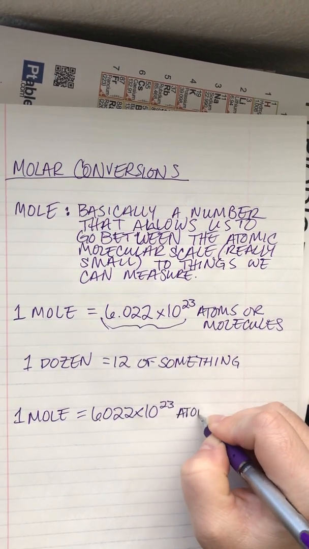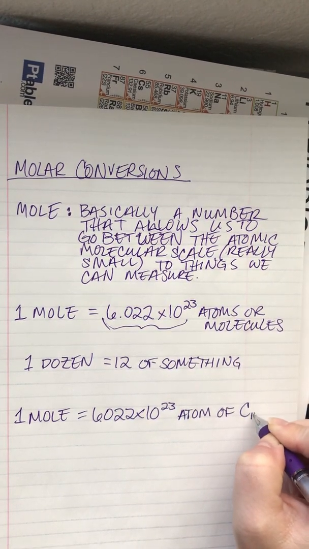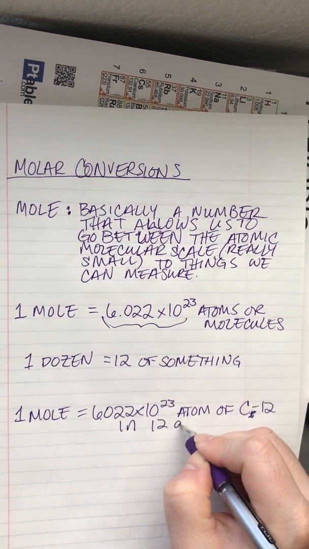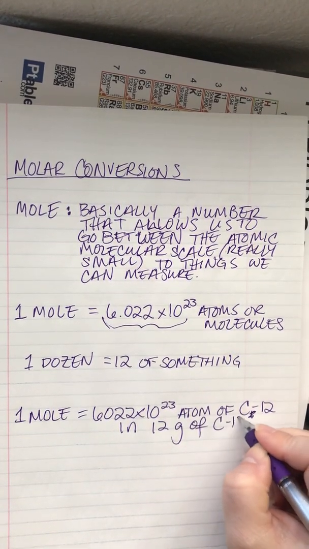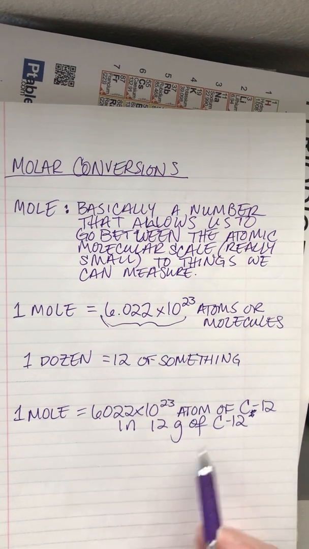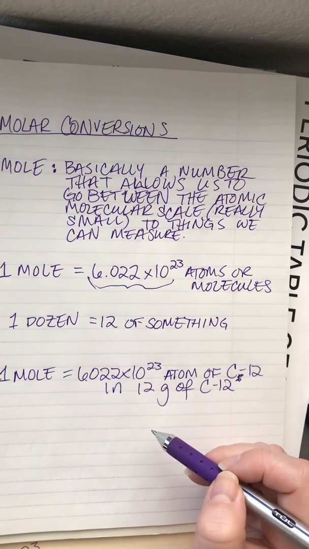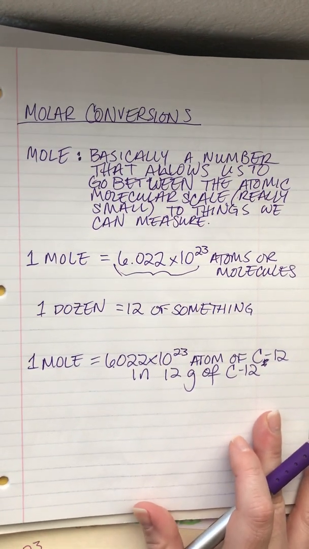This is the number of atoms of carbon-12 in 12 grams of carbon-12. So that's where the number comes from. Again, you don't need to know that. That's trivia, but it's basically giving us a jumping off point to talk about how to go between the atomic and molecular scale and the scale that we work with in the lab.